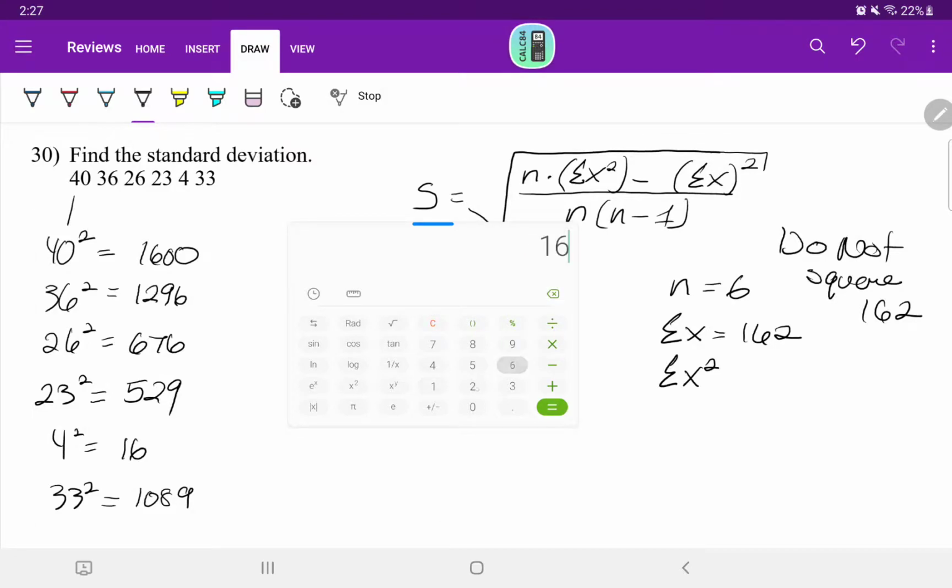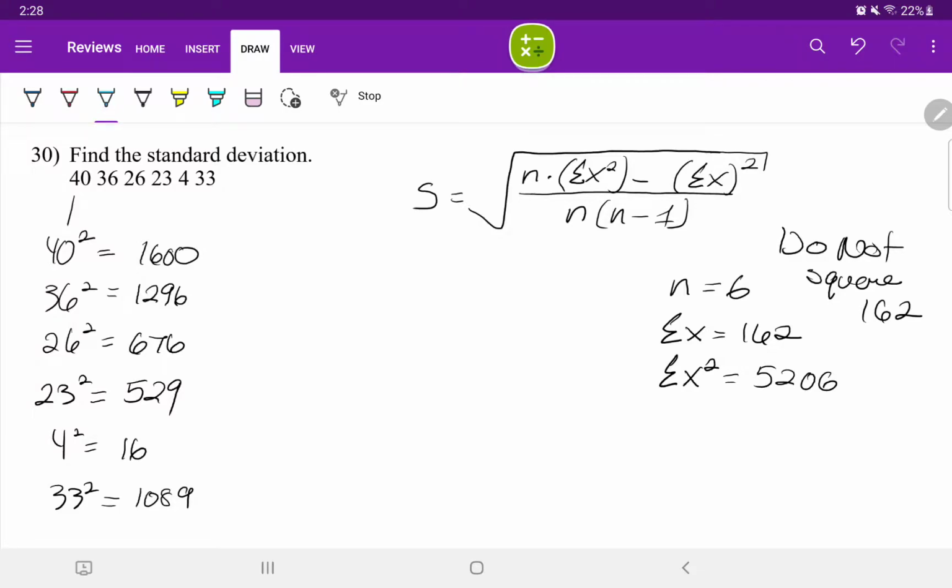Add those together. 5,206. Make sure I did that correctly, just to make sure that everything is good.